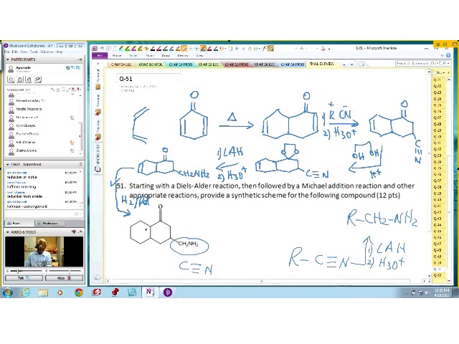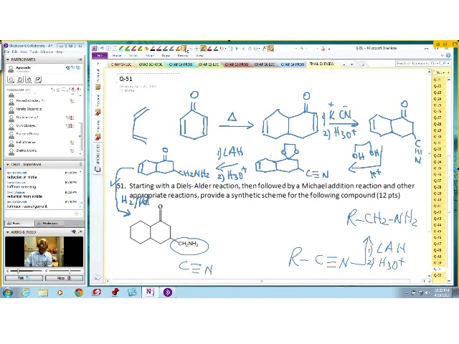So that is how you go from, how many steps do we have? From the starting material, this is 1 step, 2, 3, 4, and 5. Now you get to your final product.